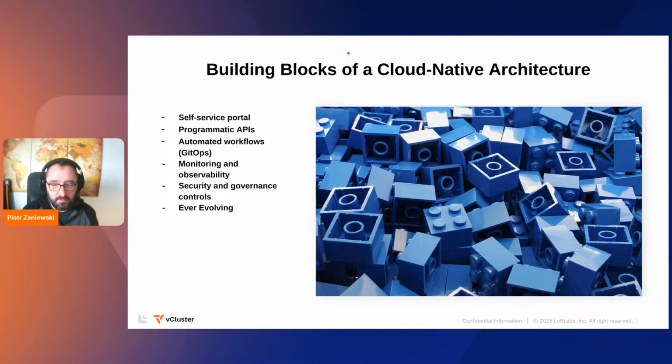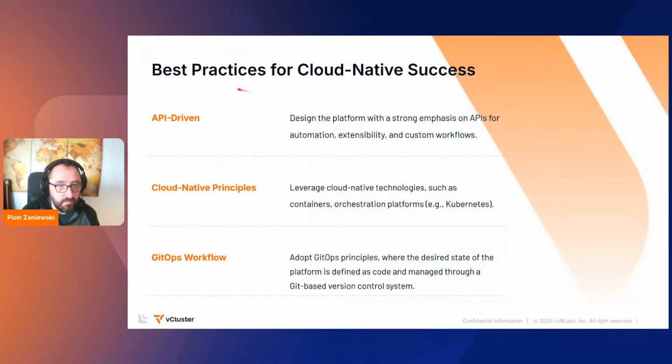If you think of a little iceberg icon, that's the bottom part that nobody sees, but it's really critical. And finally, platform as other products is an ever-evolving product. So when we develop platforms, we want to make sure we approach the process in the same way as if we would develop actual product.